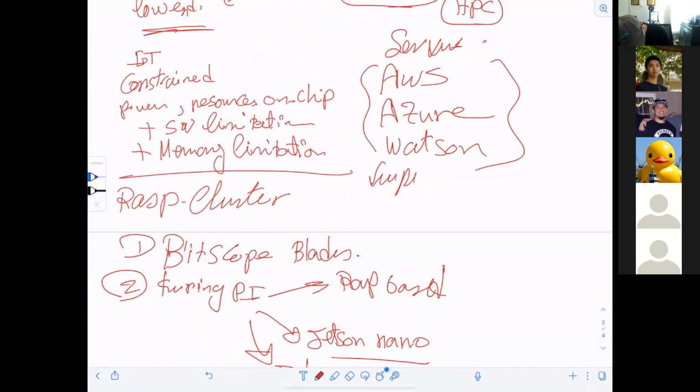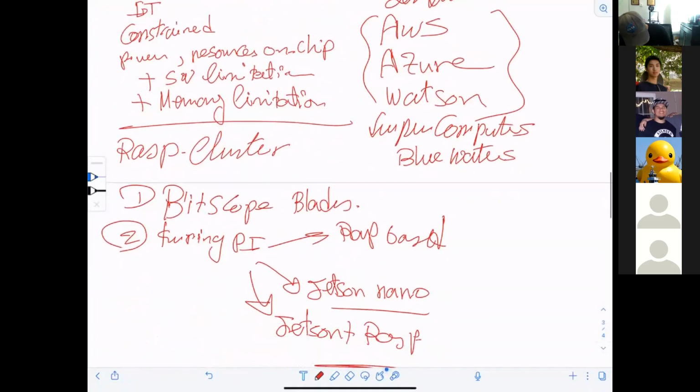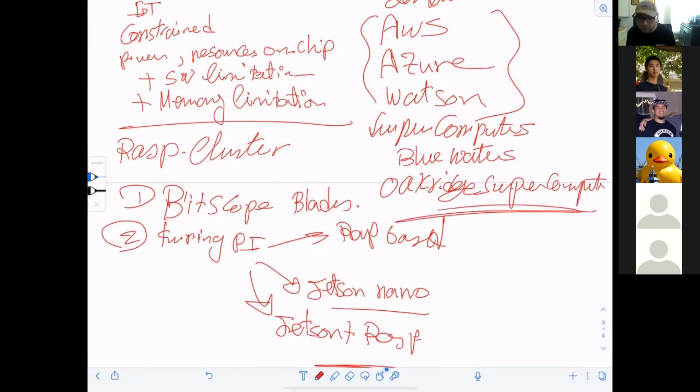Supercomputers, Blue Waters. The other one is called Oak Ridge supercomputer.